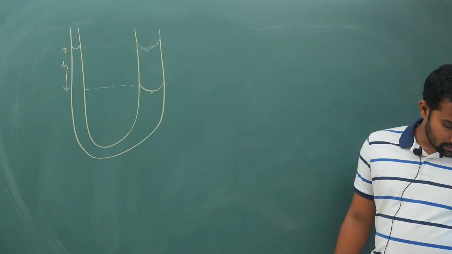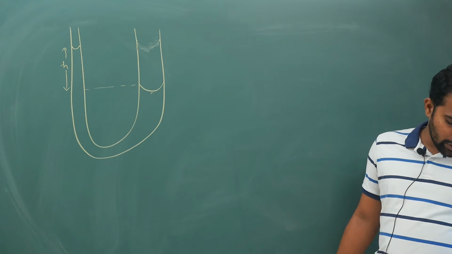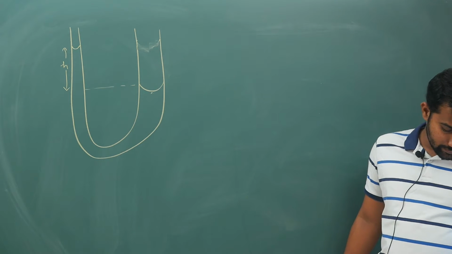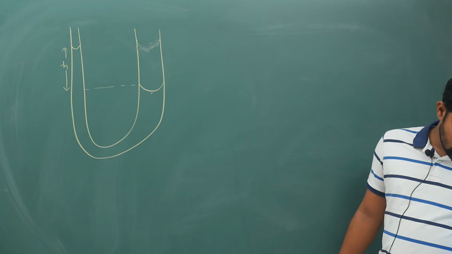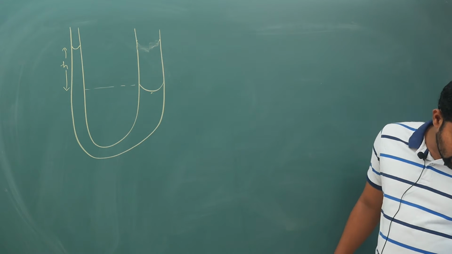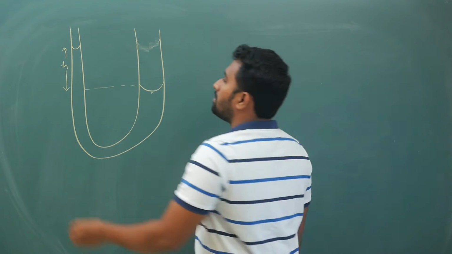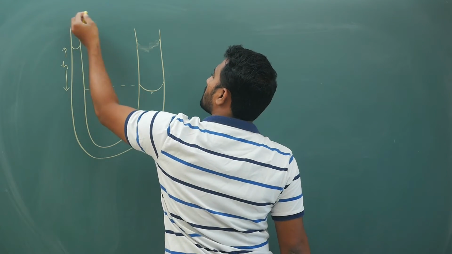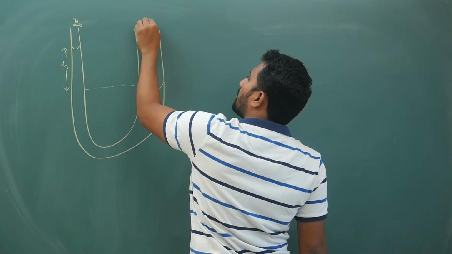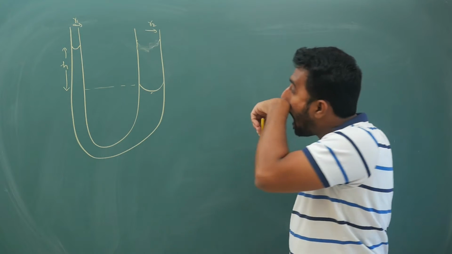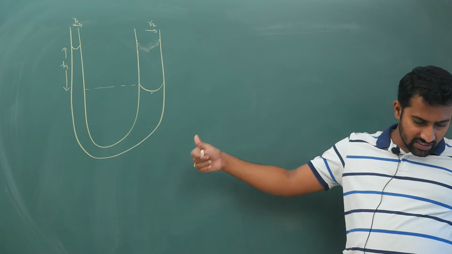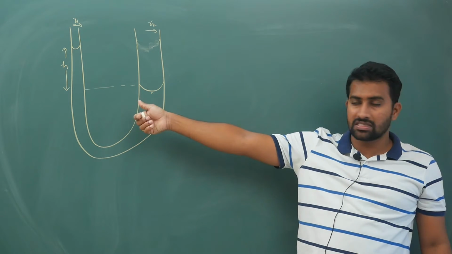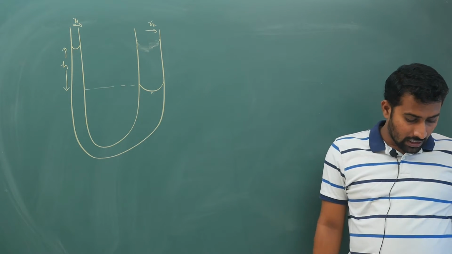For points inside, not outside. The radius of tube R1 is given, this is R1, and this part's radius is R2. Assume surface tension, and for the pressure difference you have to keep it as R1 and R2 only.